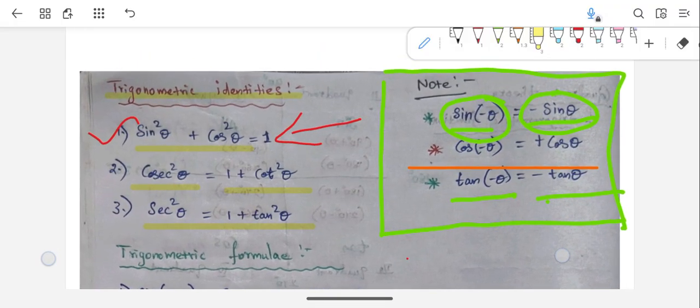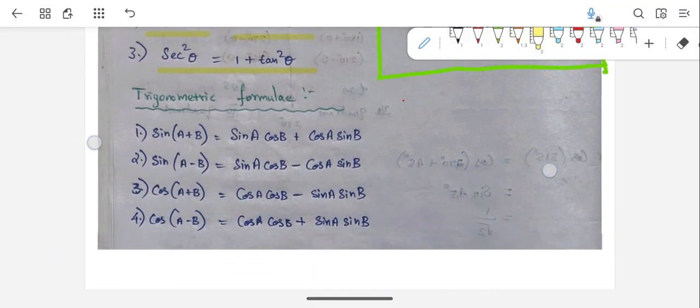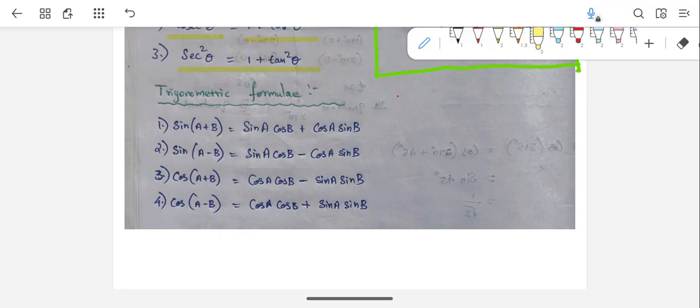So this is about trigonometric identities, and moving forward we have some trigonometric formulas, guys. In the last class I told you how to find trigonometric ratios for angles apart from 0, 30, 45, 60, 90, that is, general angles.